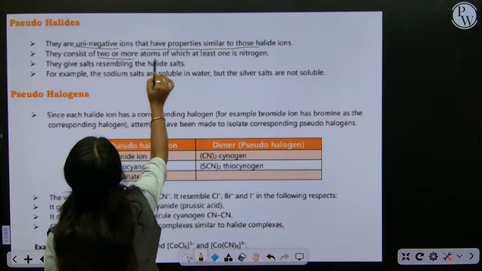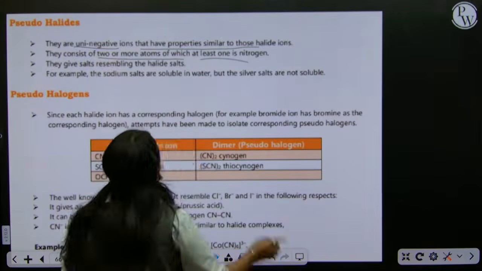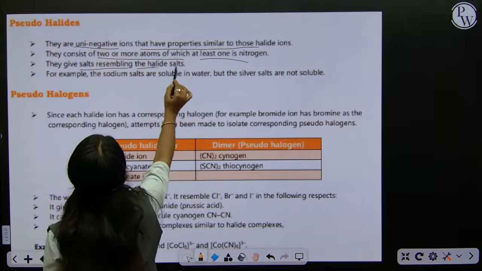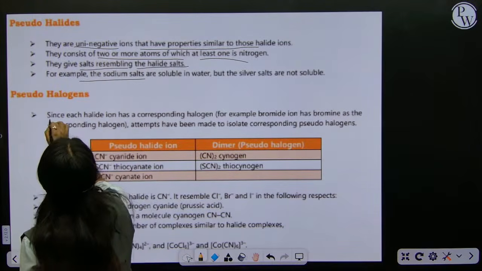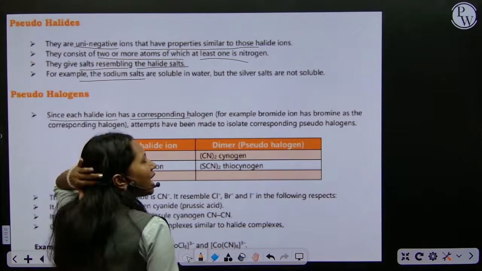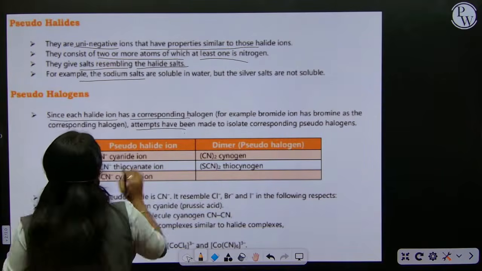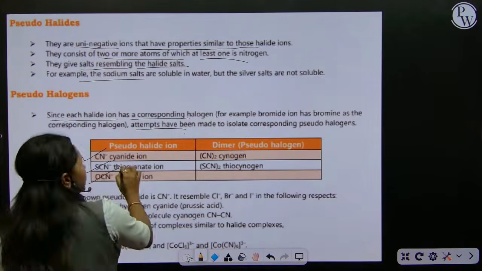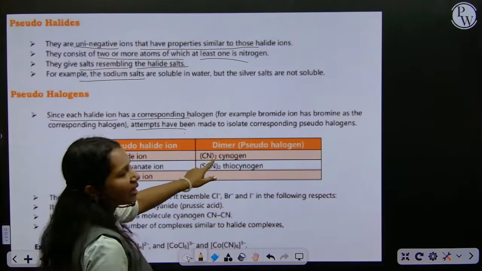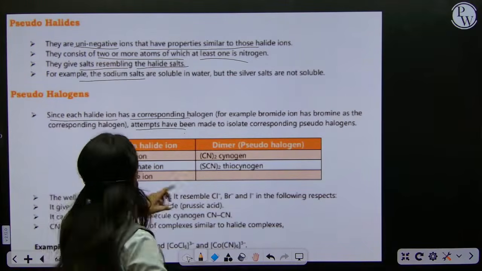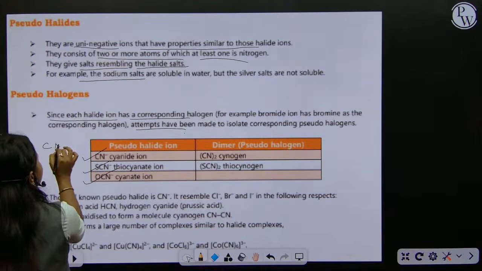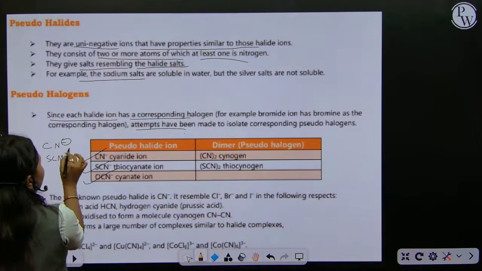They consist of two or more atoms like nitrogen. They give salts resembling halide salts. For example, each pseudohalide ion has a corresponding halogen. Okay, so CN, SCN, OCN. They will form a dimer like F2, Cl2, Br2. These are pseudohalides: CN-, SCN- and OCN-.